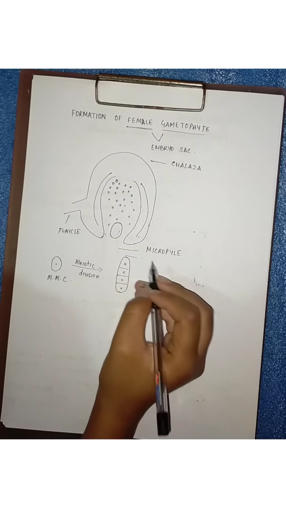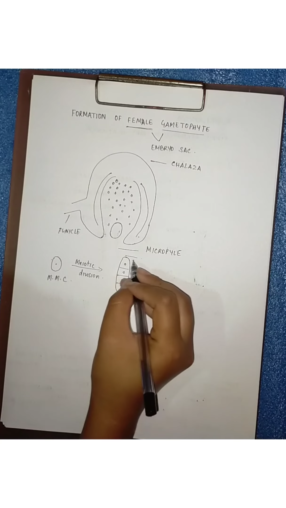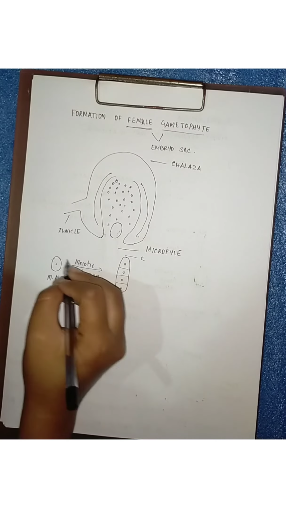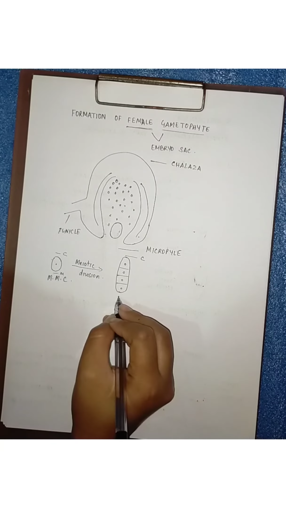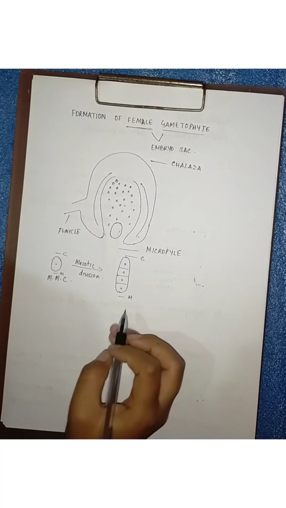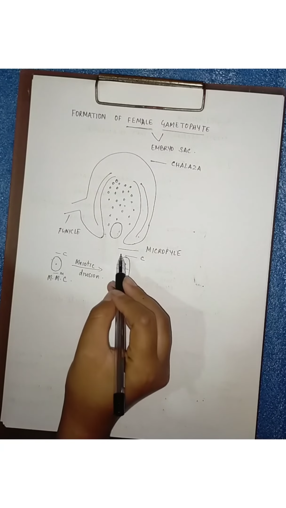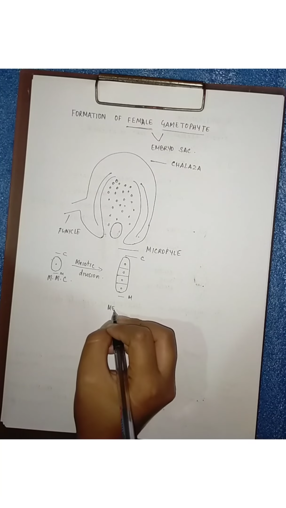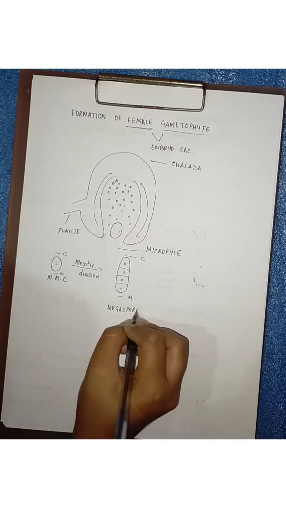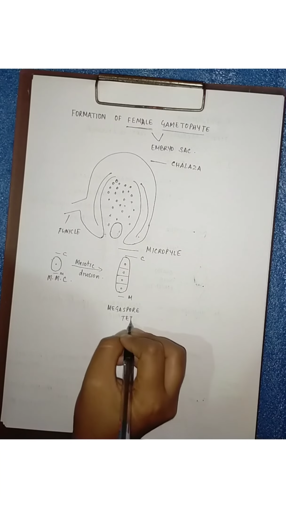This is the upper region, which is the chalazal, and this is the micropyle. After meiotic division, it will form a tetrad. This is known as a megaspore tetrad.